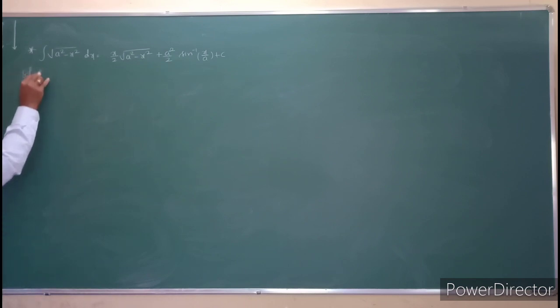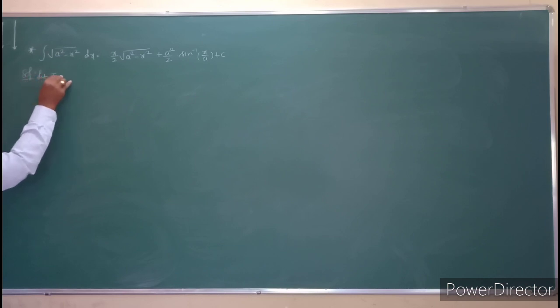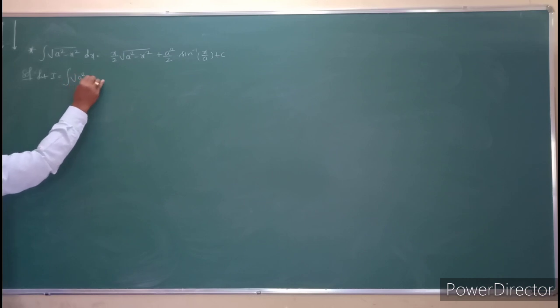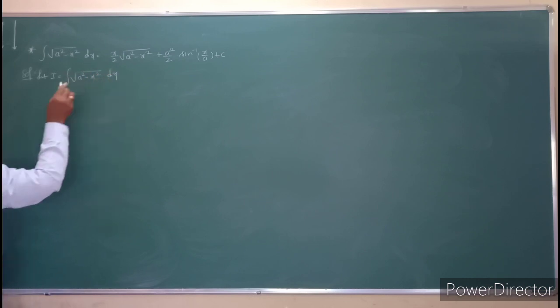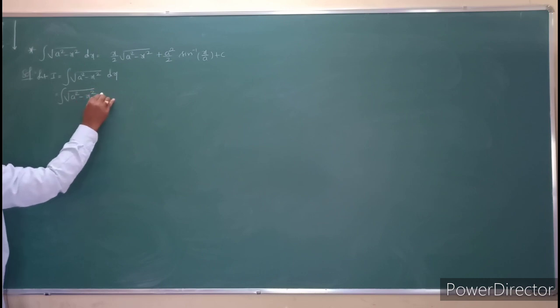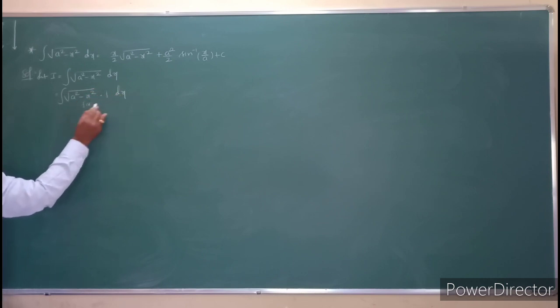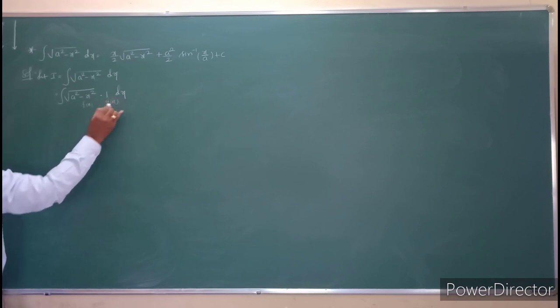Same. First let I is equal to integral of root of a square minus x square into dx. Next, we will take integral of root of a square minus x square into 1 into dx. So this is f of x, the first function, and this is g of x, the second function.